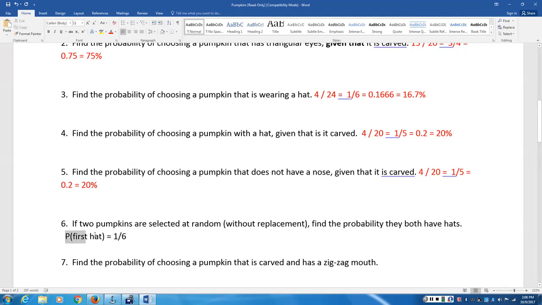Now, what are we going to do with that pumpkin? Or, because the probability we got one is 1/6, are we going to put it back? How many pumpkins are still in the patch now? 23, okay.